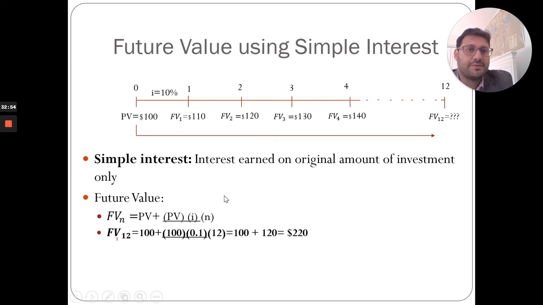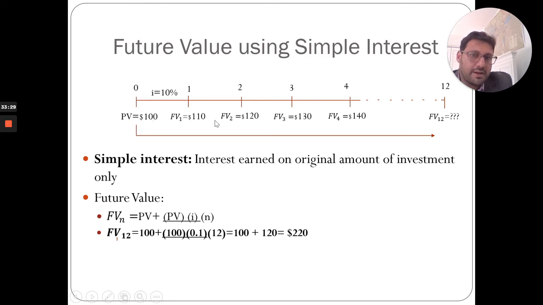For example, if there is an investment alternative and you are depositing $100 right now, and its present value is $100, and that alternative is giving you simple interest of 10%, it means the 10% for the first time period will be calculated on the original $100. So the future value will be $110, that is 100 multiplied by 1 plus 10%.